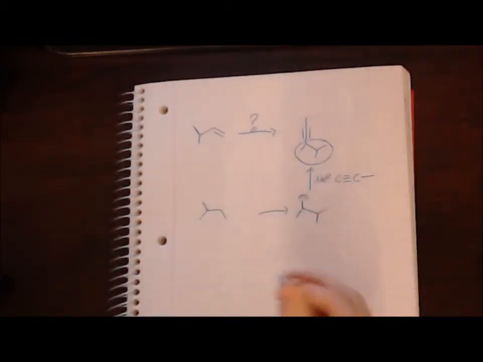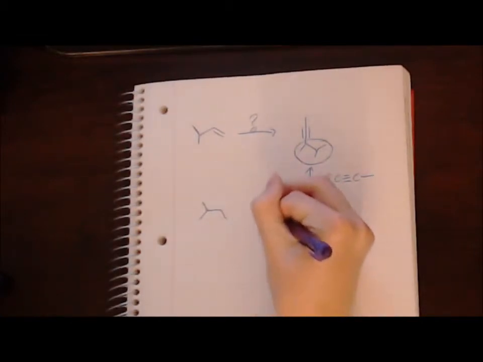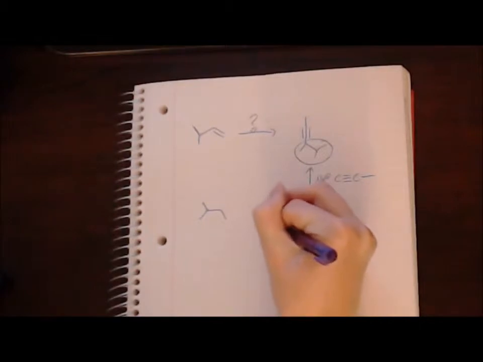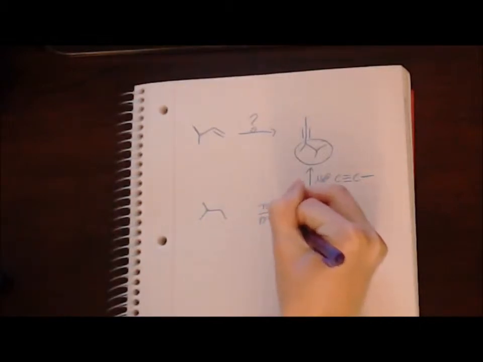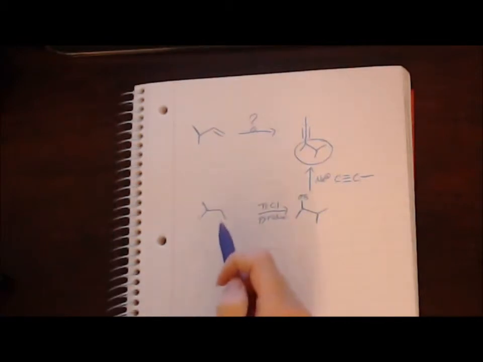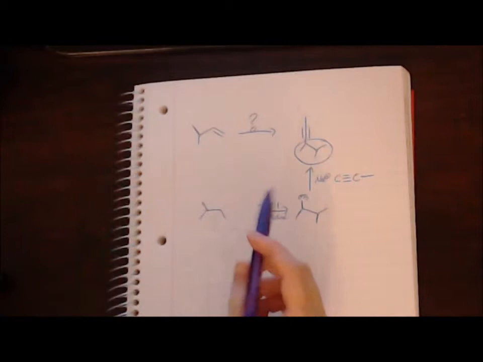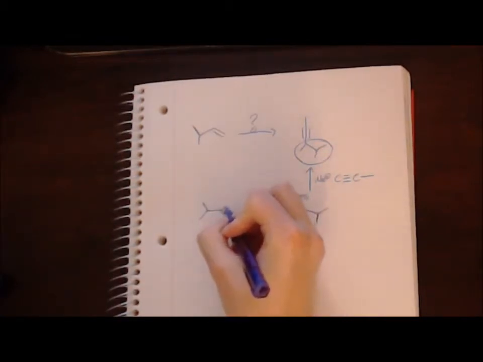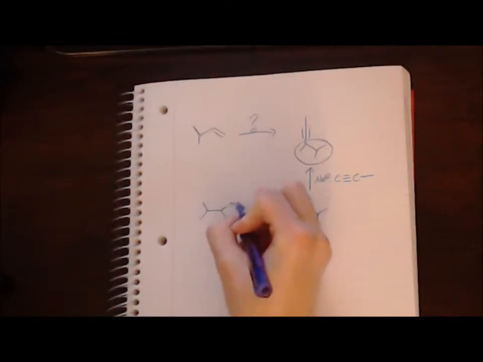So we know that we had to add the tosyl chloride in. And since tosyl chloride is always paired with pyridine, we write that. So what did we have here? Well, really, we could have anything that was a bad leaving group and make it into a good leaving group. So for this, I'll just choose a hydroxyl group.